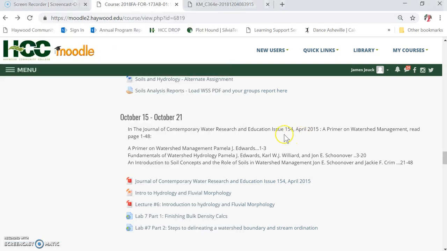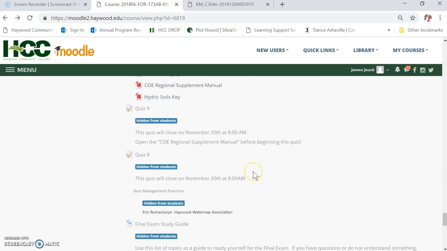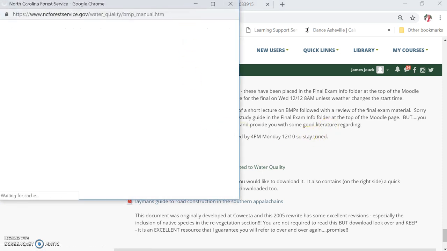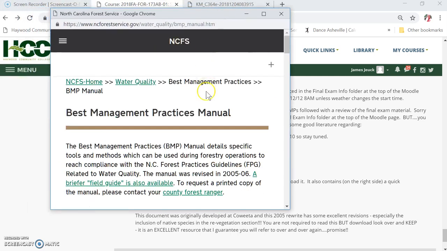Okay, so I'm going to go back to the class here. If you get down towards the bottom, you'll see these two guides right here. The first one is just a link to the North Carolina Forest Service's BMP website. It's important to know that best management practices are not laws that you have to follow.